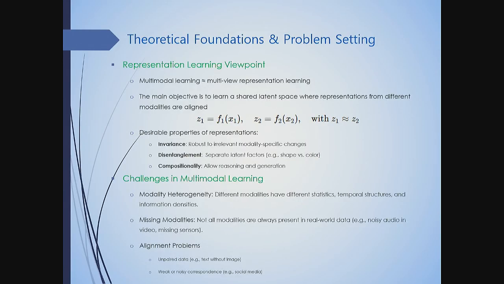Let's look at learning representations. This is how multimodal learning is represented. The main objective is to learn a shared latent space where the representations from different modalities are aligned. So assuming that I have modalities X1 and X2, because I have a larger set here, X1 has elements X1 to X10, and then I have the second set and so on.